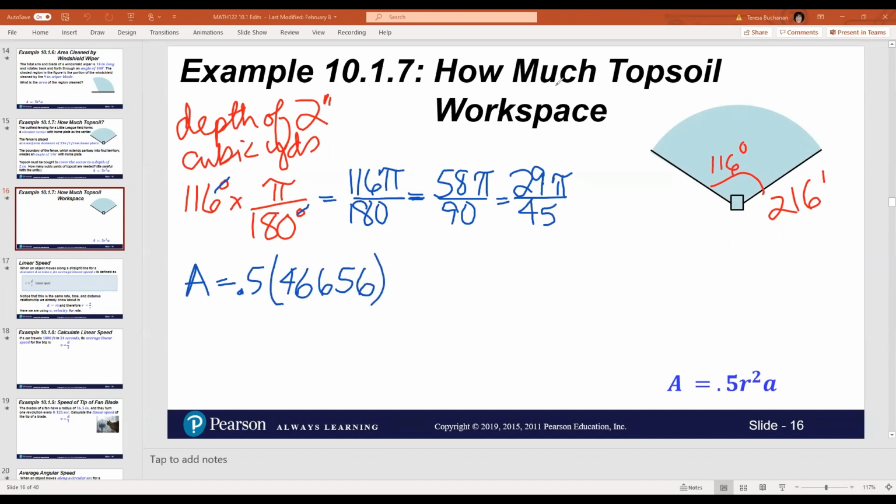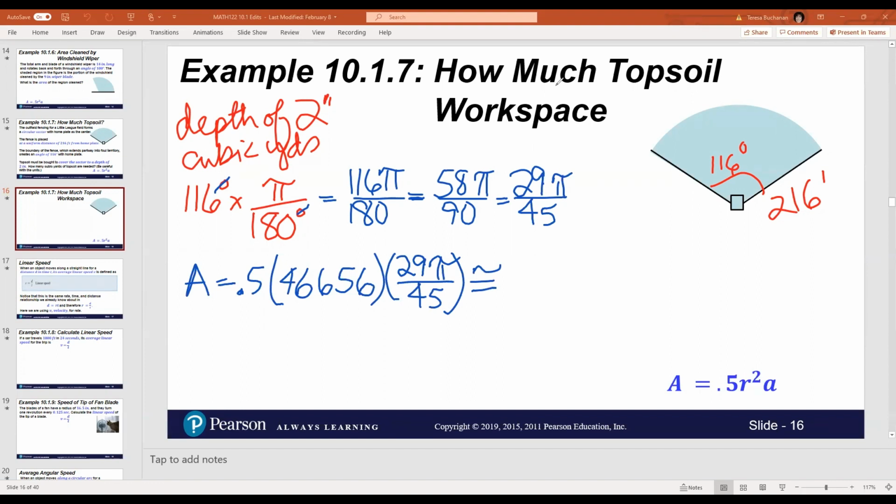That's the radius squared times the angle in radians, 29 pi over 45, is equal to. So given that this is clearly an application question, the approximation would be appropriate as long as we're pretty close to exact.